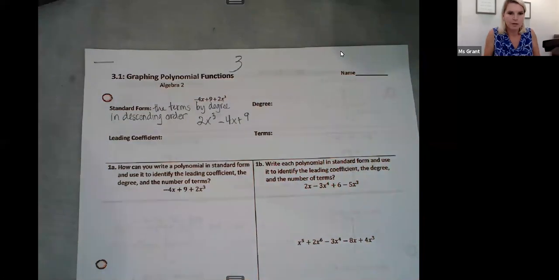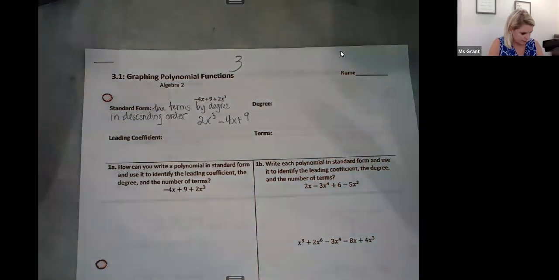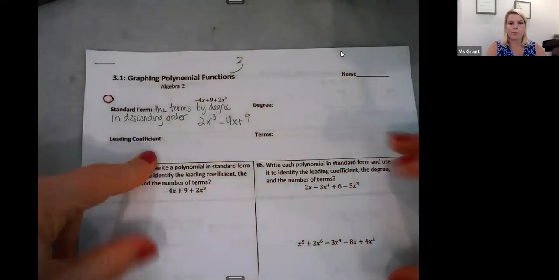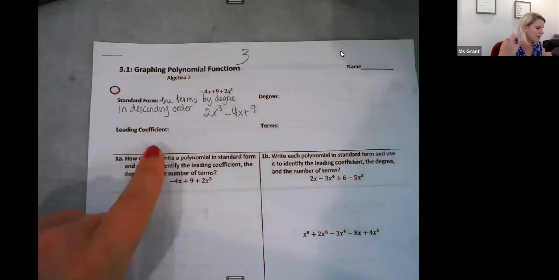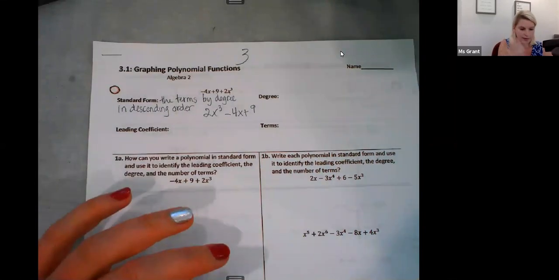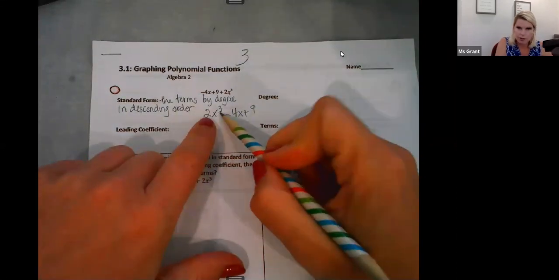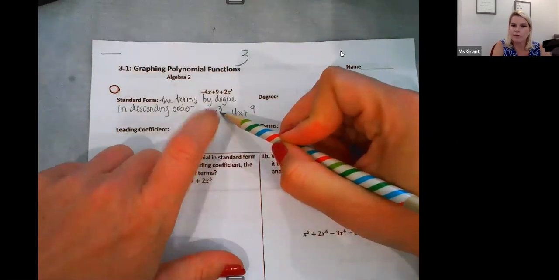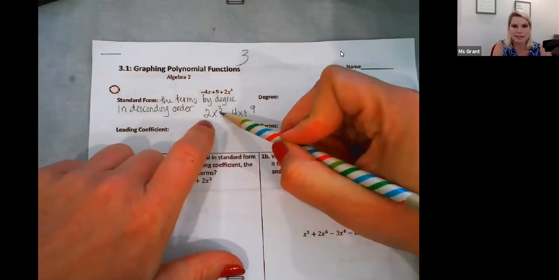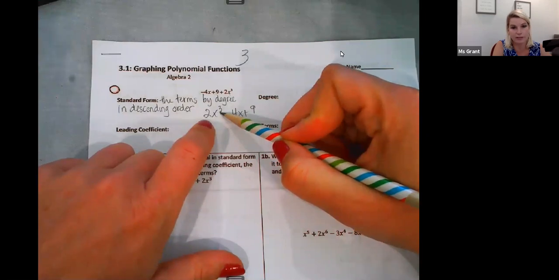Okay, so now I want to talk about all the details of this. Vocab words, that's what these are. The leading coefficient is going to be the number that's in front of my highest power. So right here, it's to the third degree, cubed. So my leading coefficient is the 2. I have to put it in standard form before I can say what my leading coefficient is.